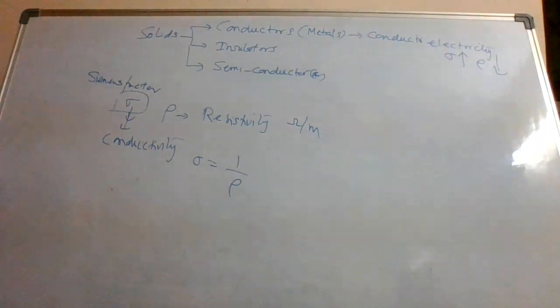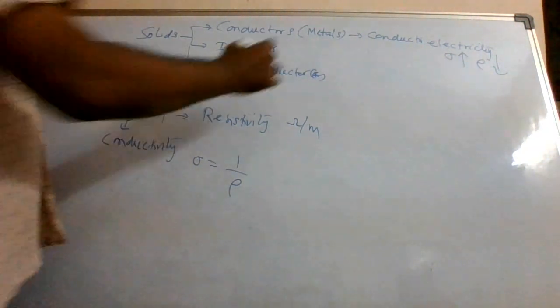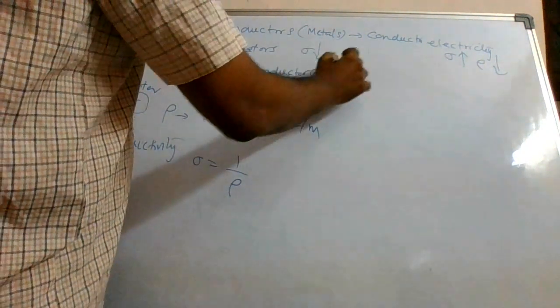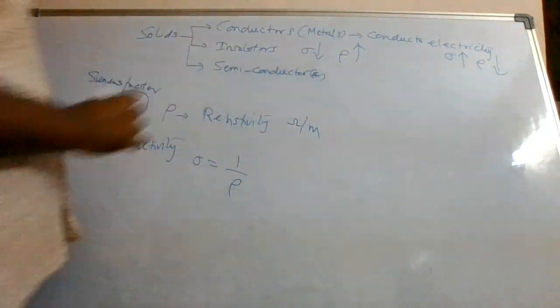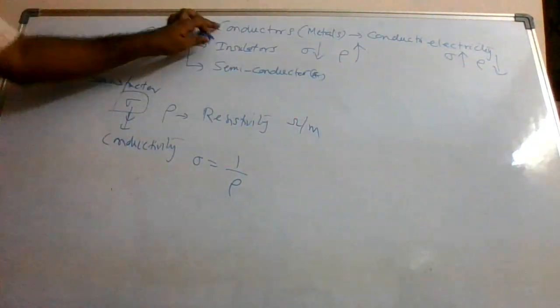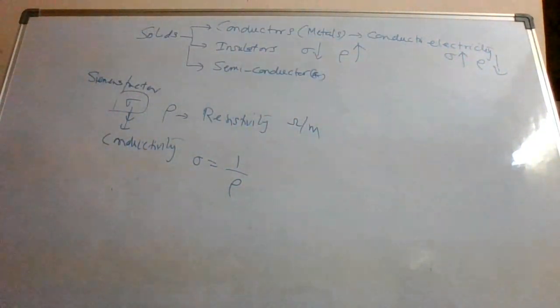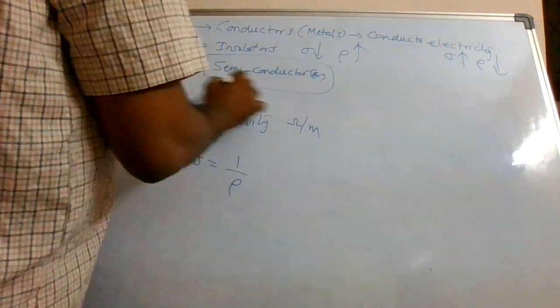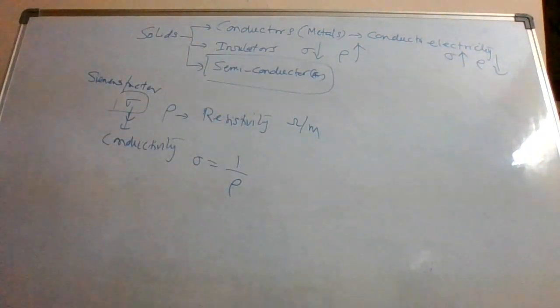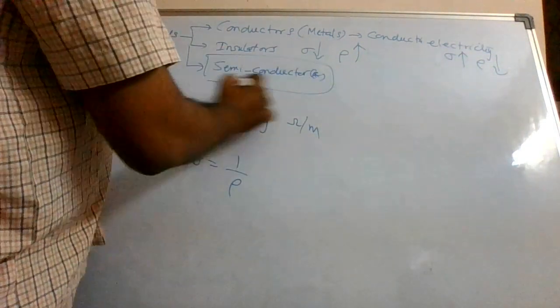They don't resist, right? Insulators, conductivity will be very low, resistivity will be very high. So they are fixed patterns. The special case is this: they sometimes conduct very well, they sometimes resist very well. This is the medium.